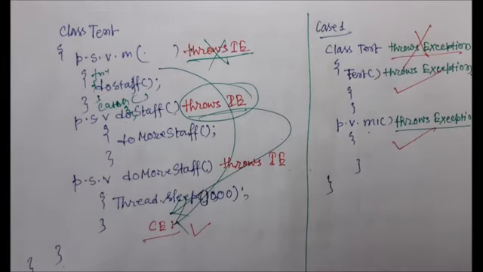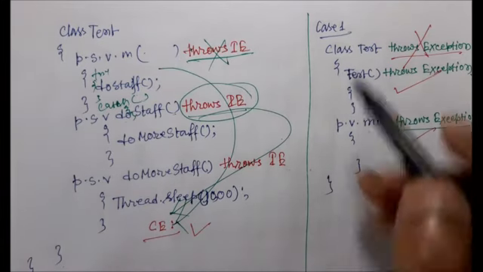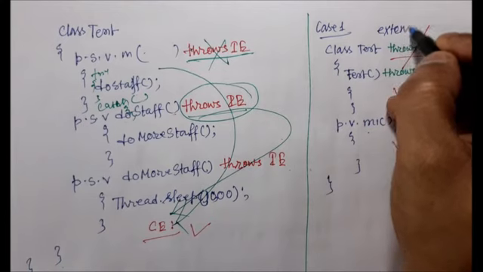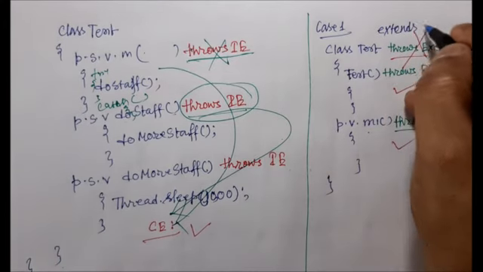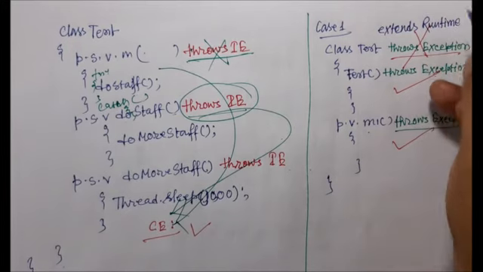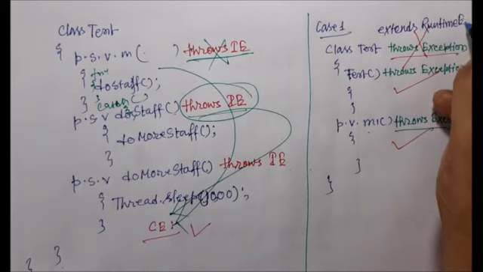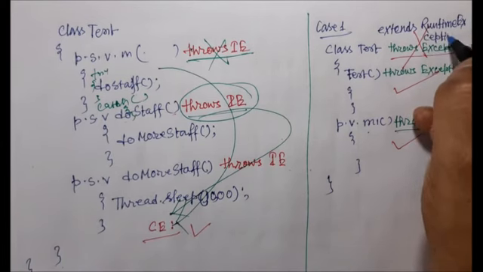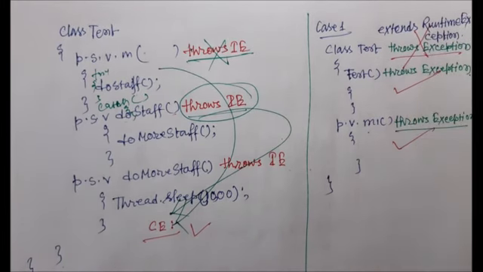Now consider case 2. If I modify this code a bit, class Test extends, if I write extends RuntimeException or any exception, but basically we will prefer to use RuntimeException. Why? Because in case of RuntimeException we are not going to check.